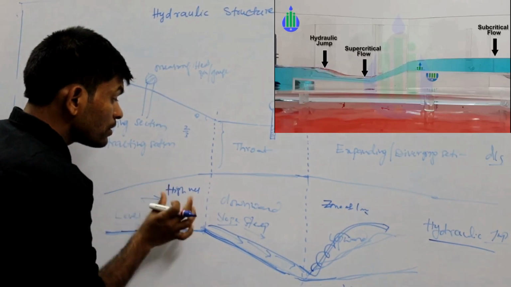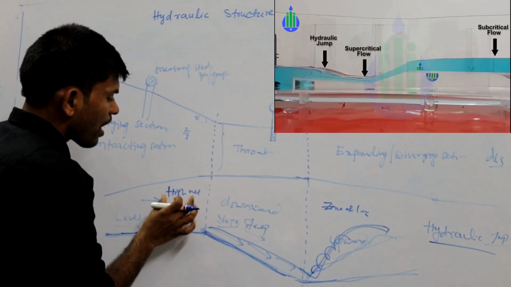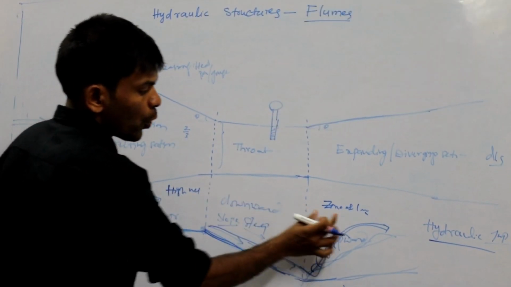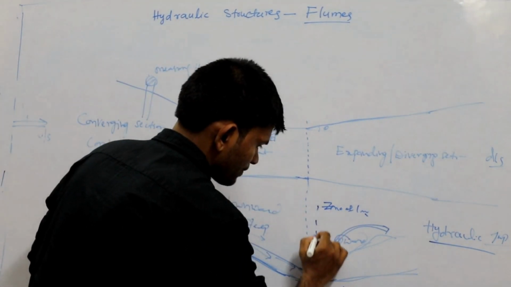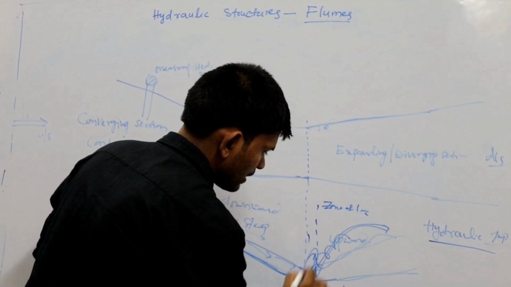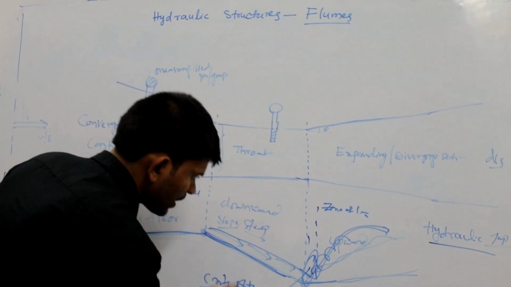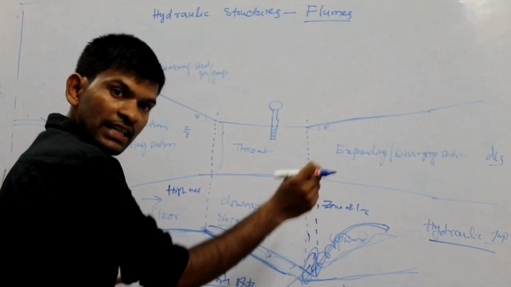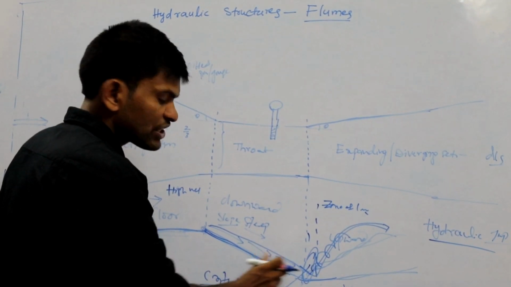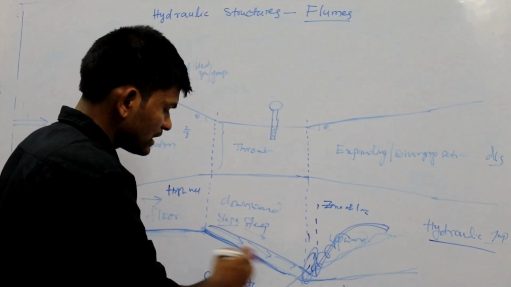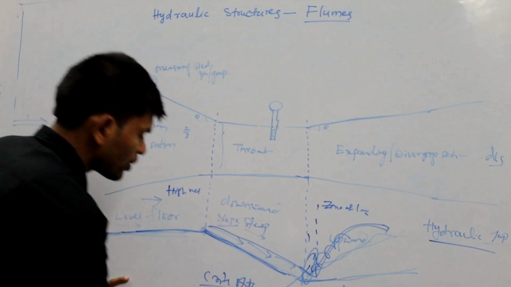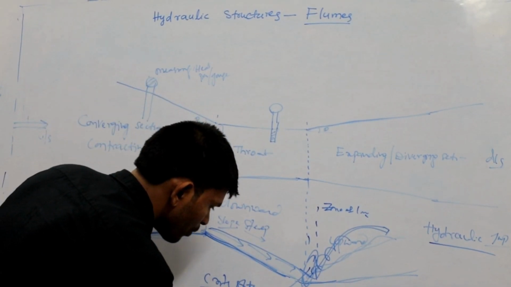The velocity changes from high velocity to low velocity at this section. This is called your critical state. The flow at this section, where the velocity and the slope change, is called your critical flow.